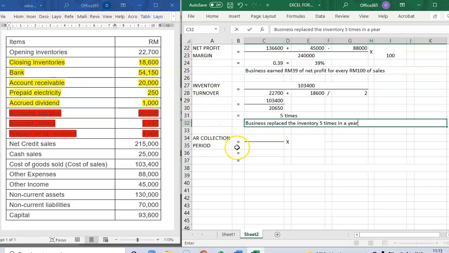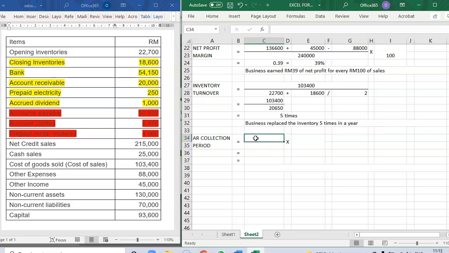Okay, the next, the last one, the ratio that you need to calculate is account receivables. AR represents the account receivables. So the account receivables collection period or debtors collection period ratio. The formula is account receivables amount divided with the total of credit sales or net credit sales.